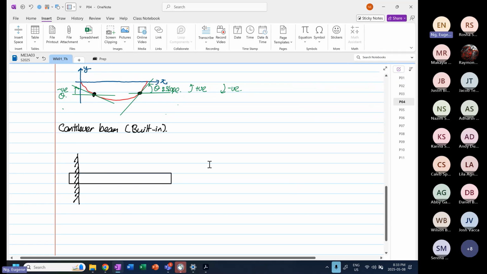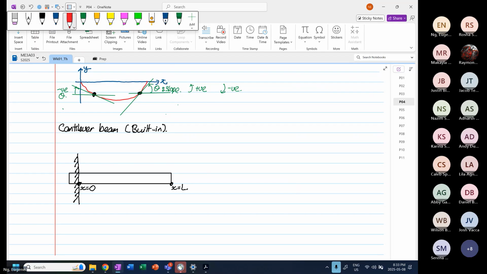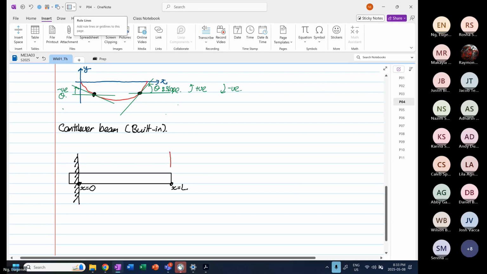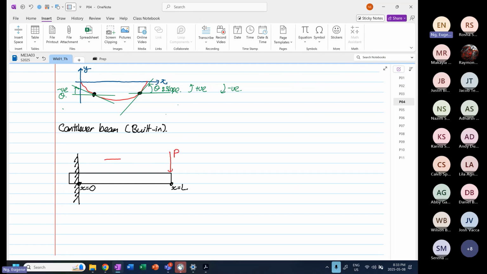At this point down here, x is equal to 0, and at the point down here, x is equal to L. We will have a load at point P, and you can also have an evenly distributed load somewhere in between, around here, for example.